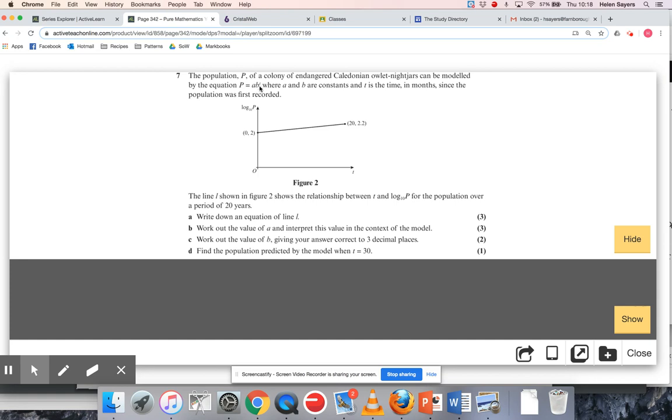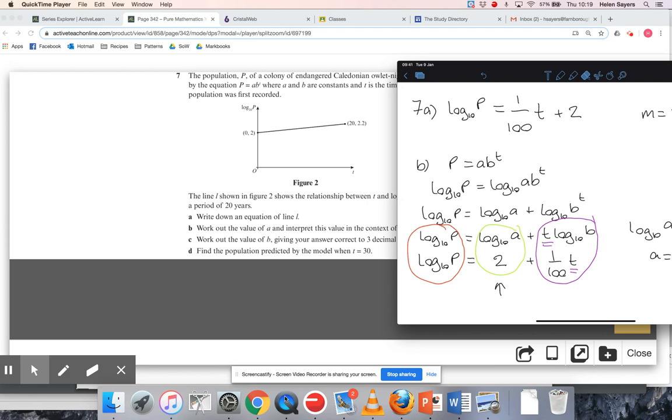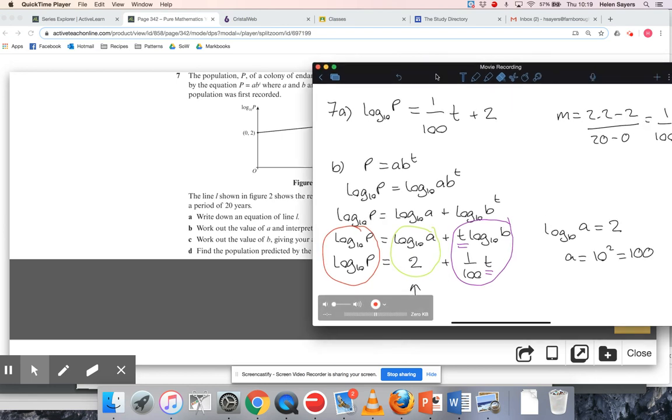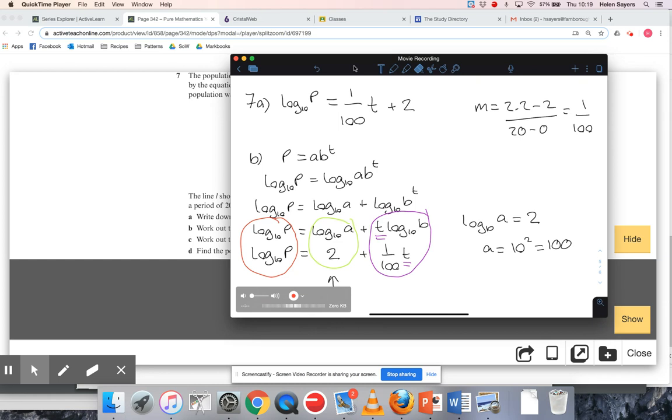If I substitute t as 0 into that exponential model, b to the power of 0 would just be 1. Sorry, I just realised you probably couldn't see my final bit of working there. So there's my value of a, and a is the starting population, or the initial population, or the population when t is 0.